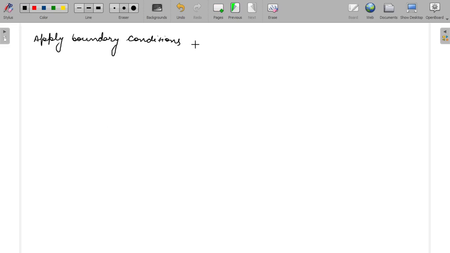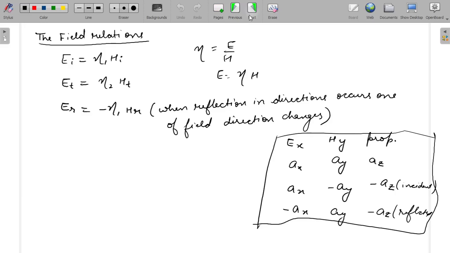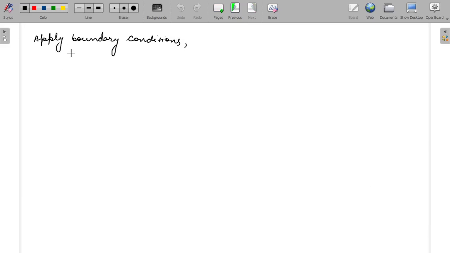So after applying boundary condition, see, the tangential component will be the same. So that will be given as ET1 is equal to ET2 and HT1 is equal to HT2, and if power incidence is normal to the boundary, then both transverse fields are parallel to the boundary.